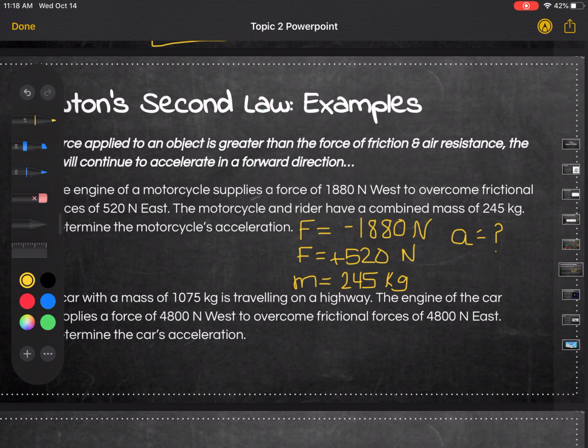So something that is really important when you're doing these questions, if they give you more than one force, to find your force net or F net, you just add your forces together. So our F net here, we're going to add negative 1880 plus our positive 520.